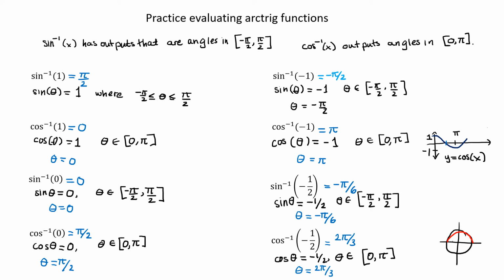So I'm going to dot that in here. We still need to know some stuff, but we know that our x value is 1/2, and that makes this reference angle pi over 3. So we see we have this larger angle in here.